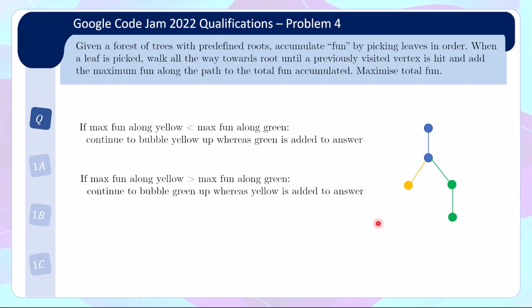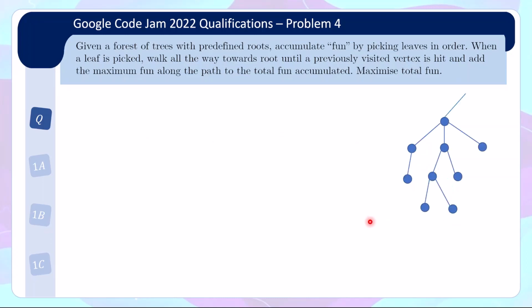Okay, so this is the crucial observation and it actually basically tells you how to solve the problem already. What we'll do is bubble upwards the answers using a standard DFS approach. Basically, using some DFS approach, you can bubble values upwards from the leaves towards the root.